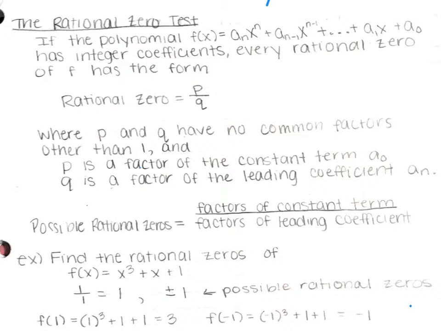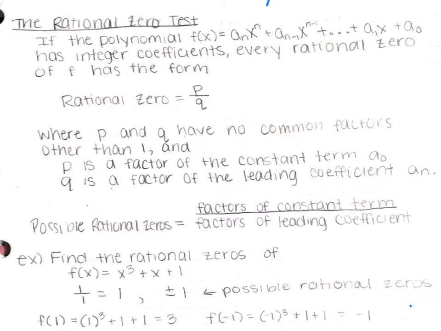Right, so we can also do something called the rational zero test. If the polynomial f of x has integer coefficients, so no fractions as coefficients, every rational zero of f has the form p over q, where p and q have no common factors other than 1.